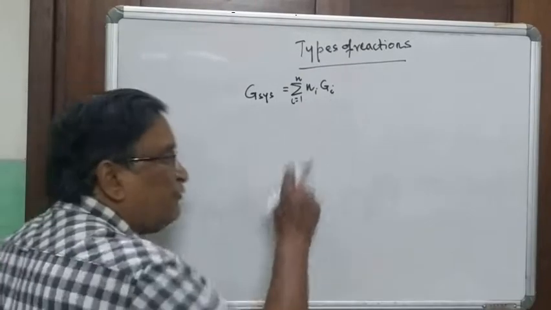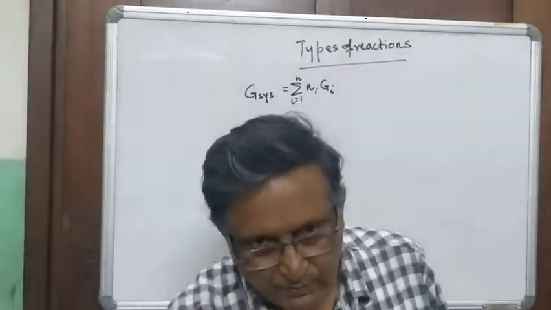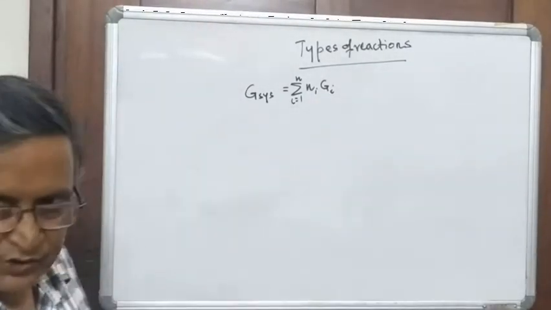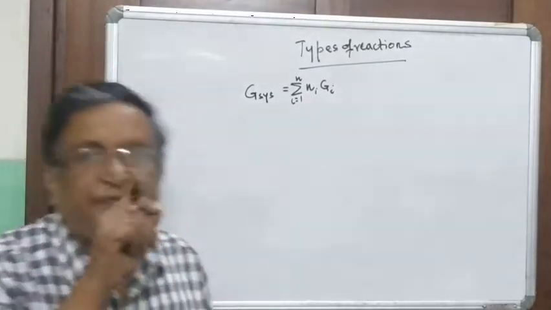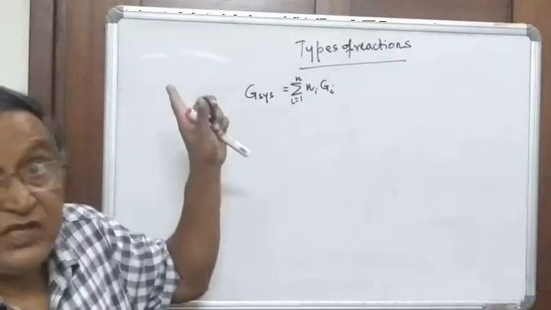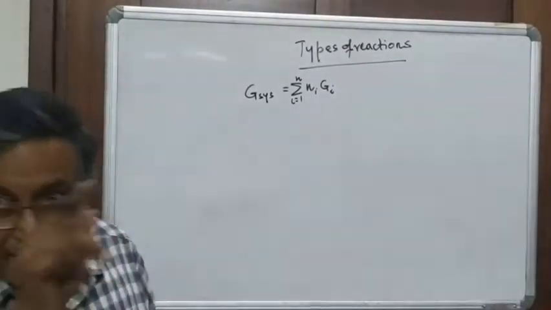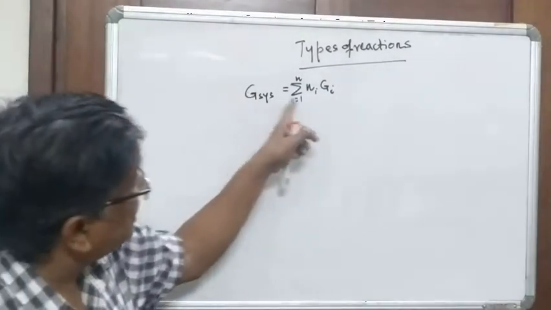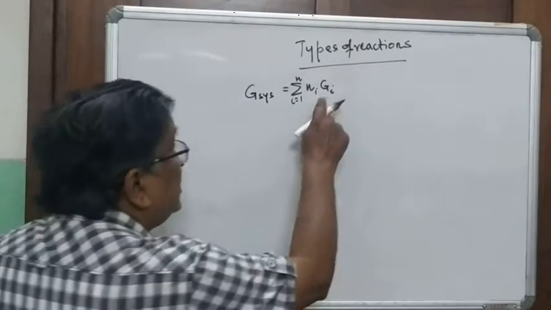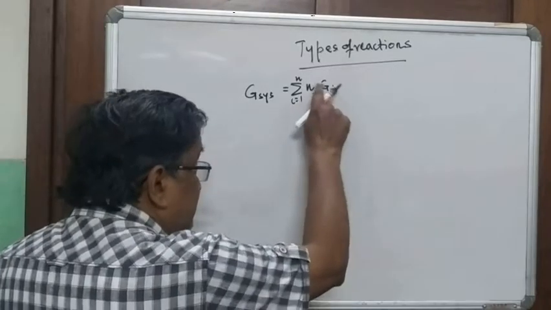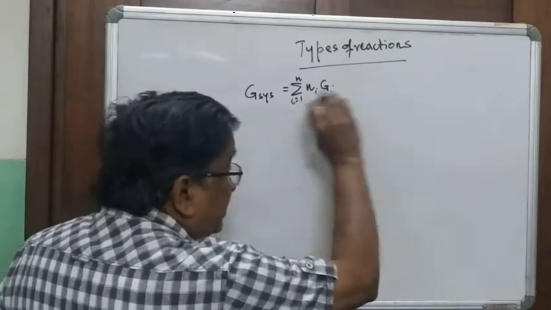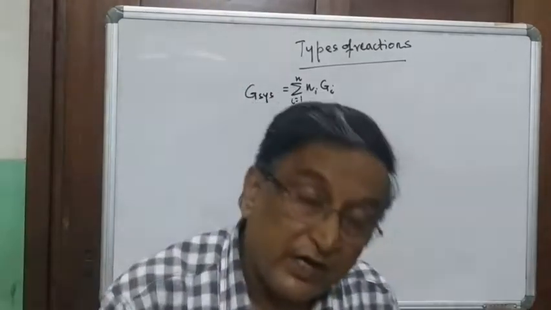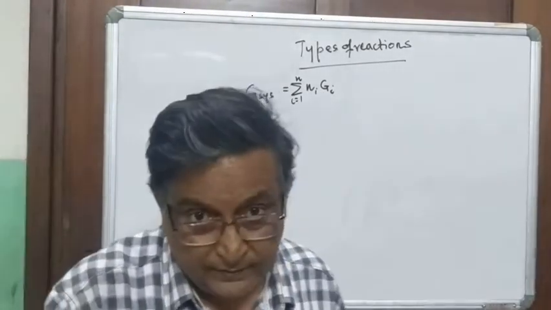N is the number of moles of a particular mineral, and Gi is the free energy of that phase, G solid solution at a particular pressure temperature condition. So this is the summation of the minerals Ni into Gi of all, equal to the total free energy of the system, or in your case, the rock.